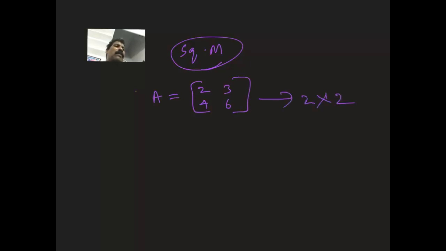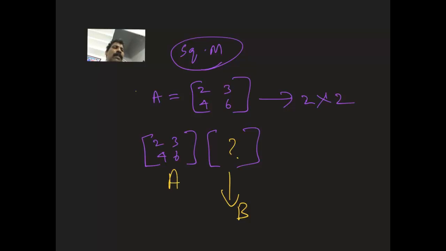That's all. As I told you, only square matrix can have inverses. It doesn't mean that every square matrix shall have inverse also. So you can see that if capital A is equal to say 2, 3, 4, 6, then this is a square matrix of course, but we cannot find a matrix capital B here in such a way that this matrix A multiplied by this matrix B is equal to identity matrix.